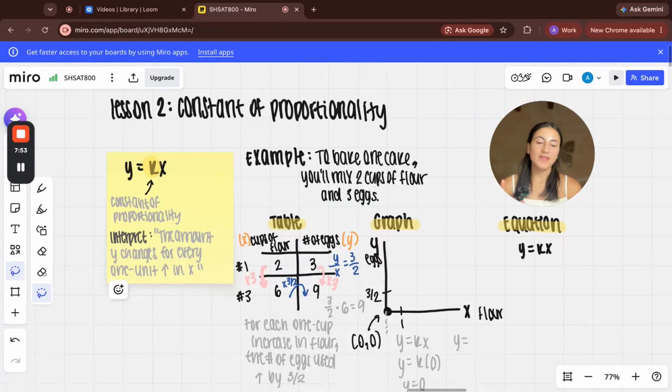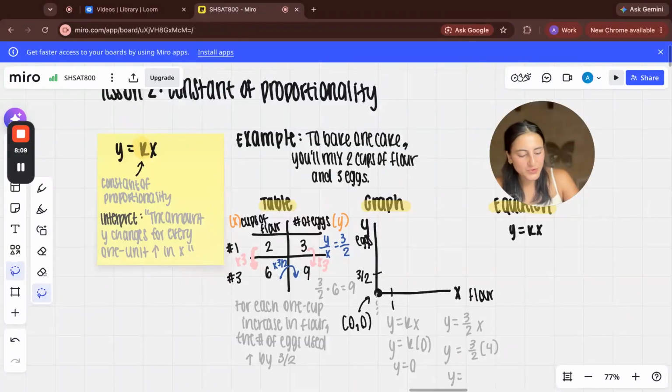In the last problem, we found that k is equal to 3 halves, so y equals 3 halves x. If x is 4, if we had 4 cups of flour, how many eggs should we use? Then we would get 12 over 2, which is equal to 6 if we multiply that out. So if x is equal to 4, meaning we used 4 cups of flour, then y is going to be equal to 6.